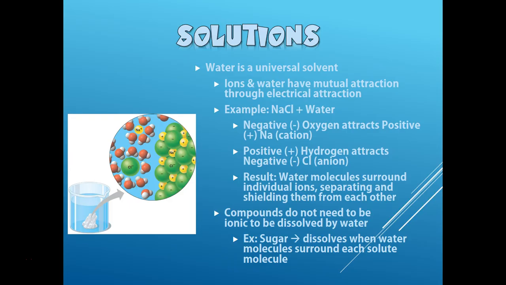Alright, and anything polar means it's like water, which is also polar, and so they have those positive and negative charges, partial positives, partial negatives, to also get attracted to those water molecules. And something very similar is going to happen here, but rather than it being individual ions that get separated, they're individual whole sugar molecules that get separated and shielded from each other.